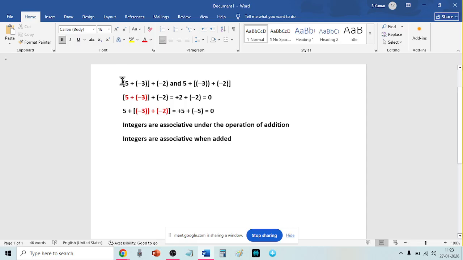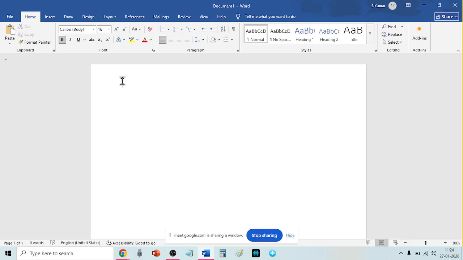And for the same rule, you will get the rational numbers. Then it will be fractions. Same rule. Closure property, associative, commutative. The same property will be for rational numbers. Then it will be fractions, 2 by 3, 1 by 2.